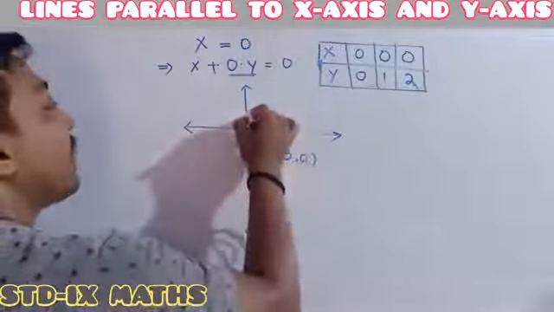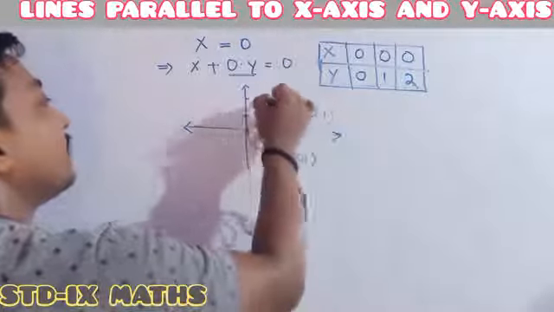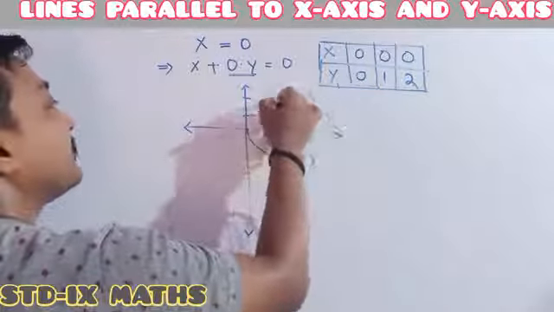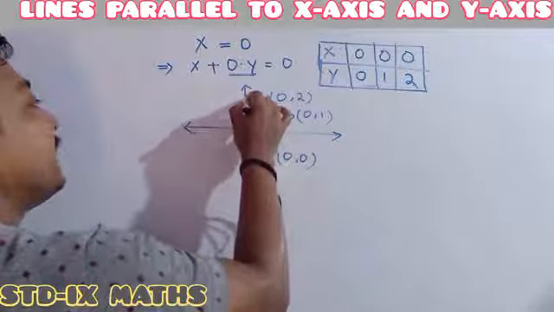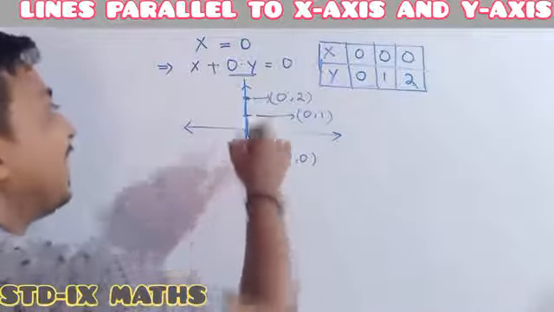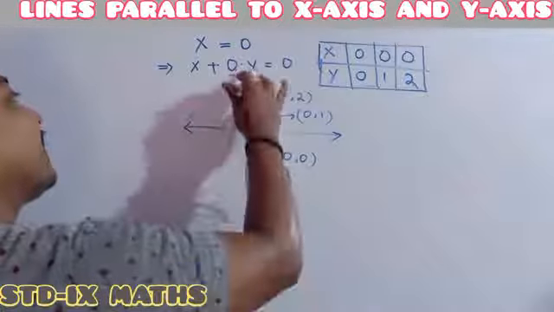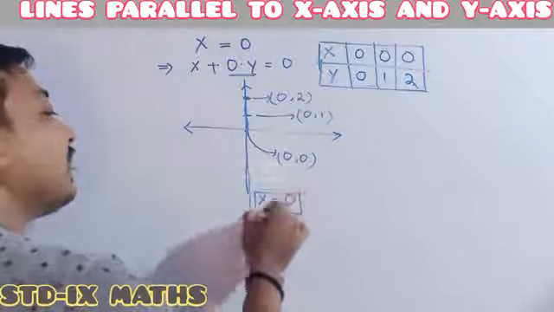Then 0, 1 is the point here. 0, 2 is the point here. Whenever you join minimally 2 points, you get the graphical representation of that line, and here we get the graphical representation of x is equal to 0, which represents our y-axis.